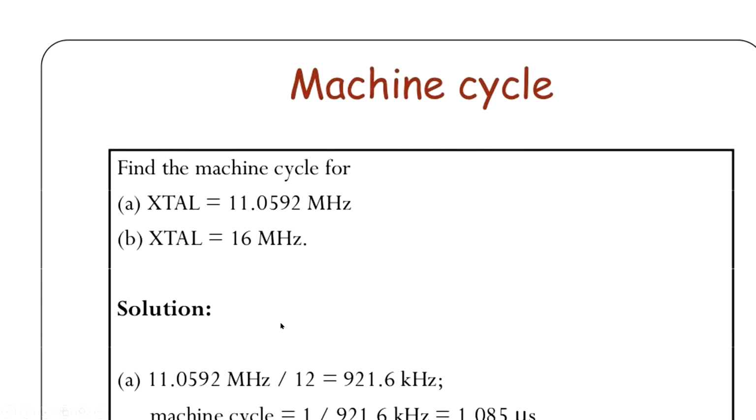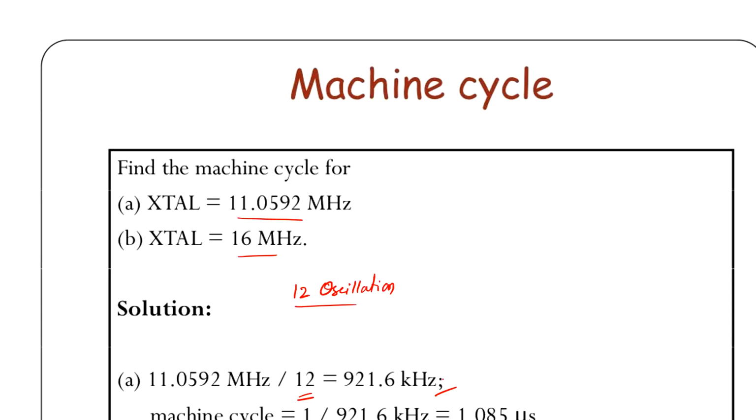Let's say we have the machine cycle for crystal frequencies of 11.0592 megahertz and 16 megahertz. As I told you, the 8051 has 12 oscillations. So if the crystal frequency is 11.0592 megahertz, divided by 12, it gives a total frequency of 921 kilohertz.